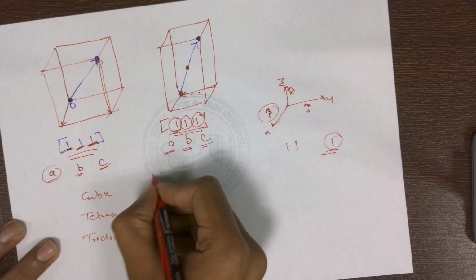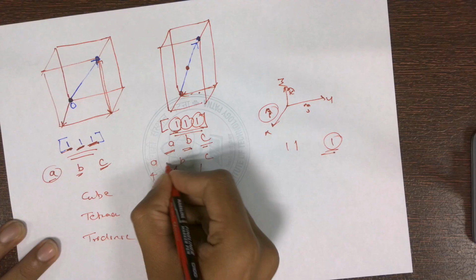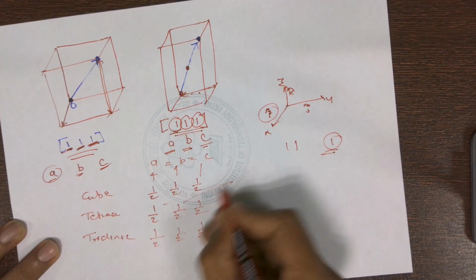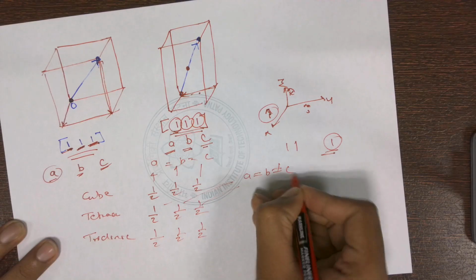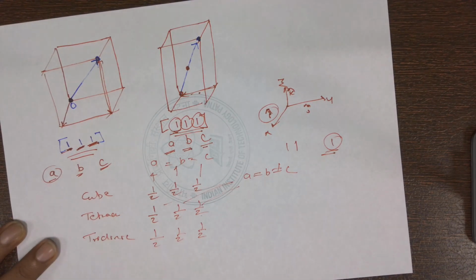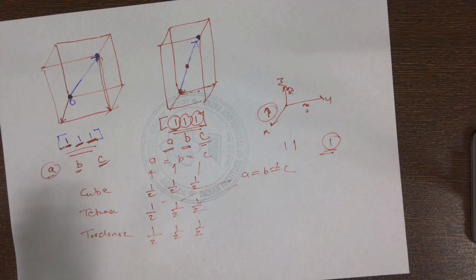It's just that here A, B, and C are all equal to each other, and here A is equal to B, but it is not equal to C. But still, that doesn't matter for our crystallographic coordinate system. This is the reason why we define the Miller indices and the plane, for the easiness for us to solve these questions.